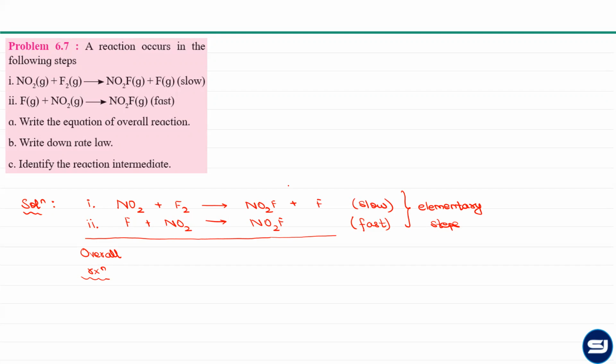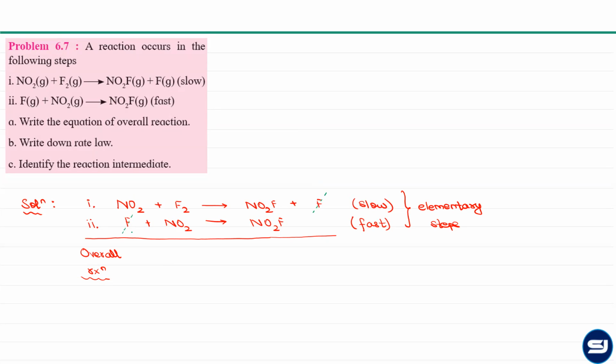Yes, so on the product side, NO2F is there. NO2F is appearing on the product side in both the equations, they will get added up. आपको रिएक्टेंट और प्रोडक्ट में कुछ कॉमन दिख रहा है जो कैंसिल हो सकता है? Fluorine. NO2 भी एड अप हो जाएगा, fluorine आपका F will get cancelled.